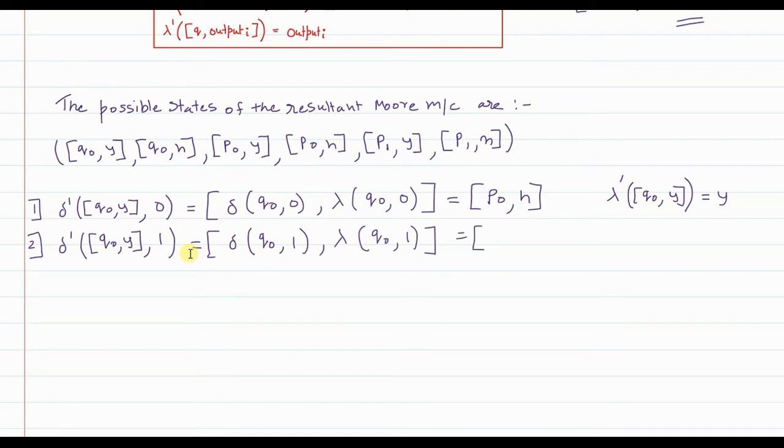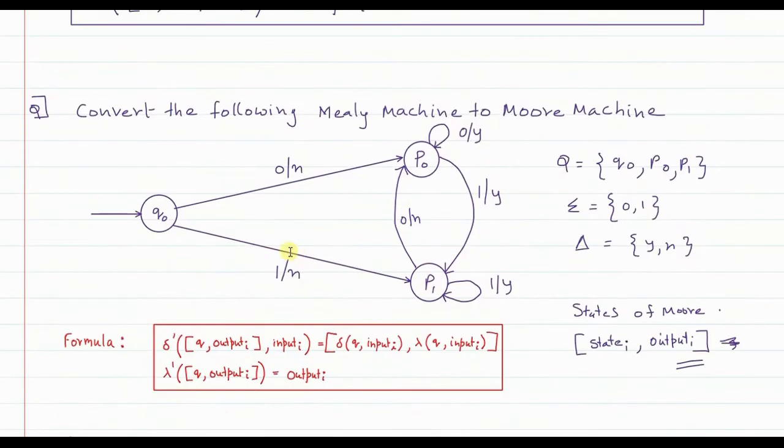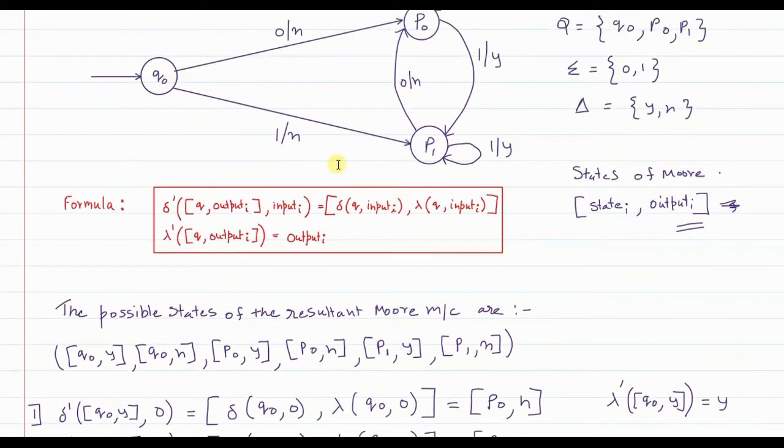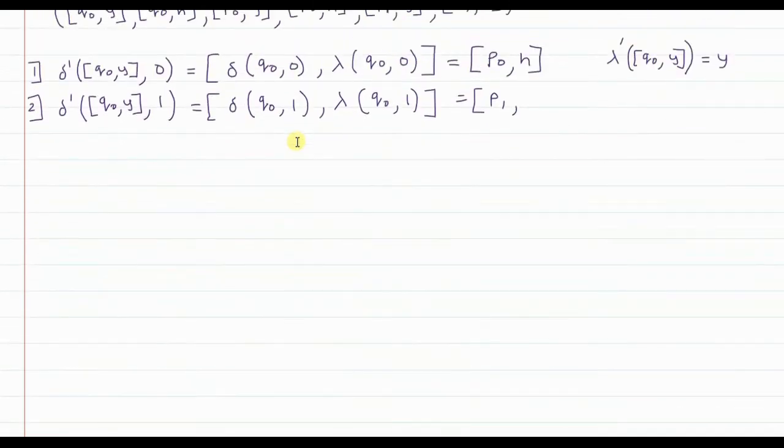Looking at the diagram, from Q0 on reading 1 you go to P1, so the answer here is P1. The output generated for the transition from Q0 on 1 is no. So the answer is P1 comma no. And lambda dash of Q0 comma y is again the same, because the state is the same; the output will be y only.